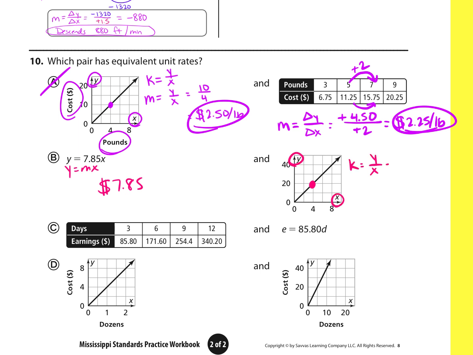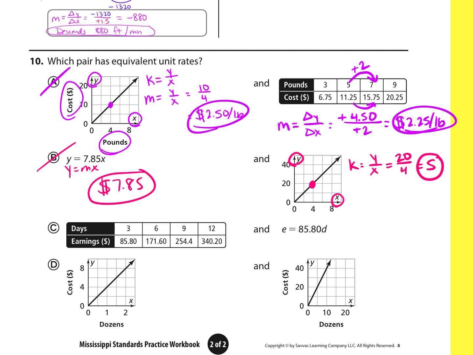So y divided by x is 20 divided by 4, and we get 5. So whatever this is representing, I don't know if it's money or not, but they were different, so these are not equivalent.